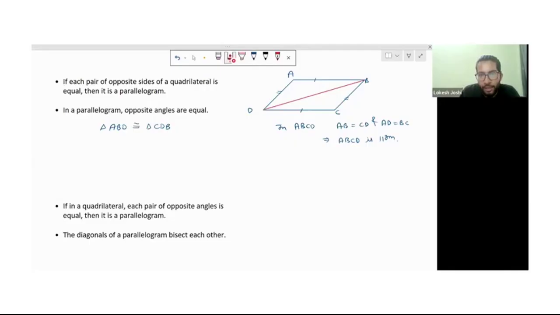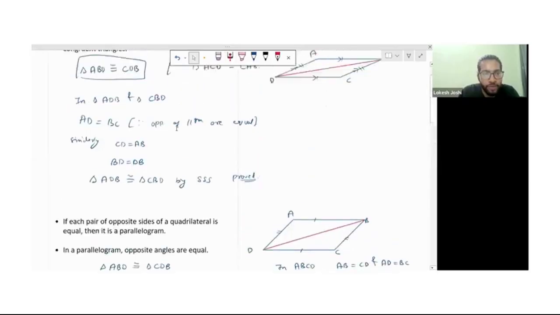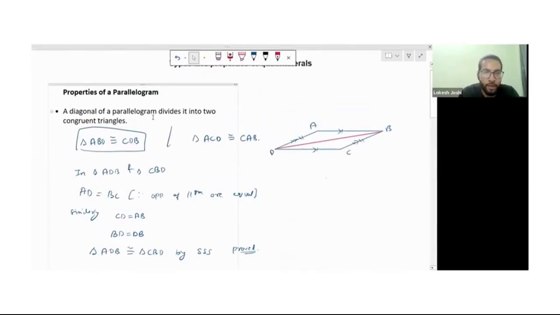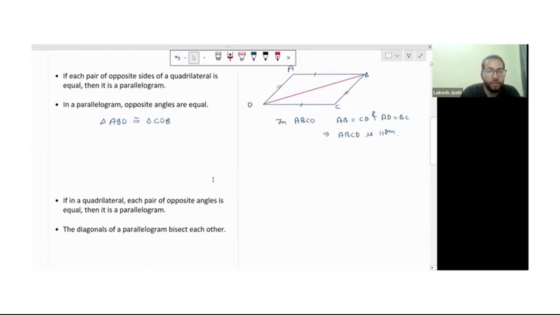This triangle is congruent to this triangle. We can use property 1, which we have done: a diagonal of a parallelogram divides it into two congruent triangles. So using this property, I have written this.